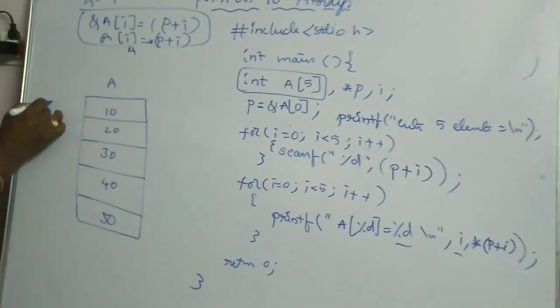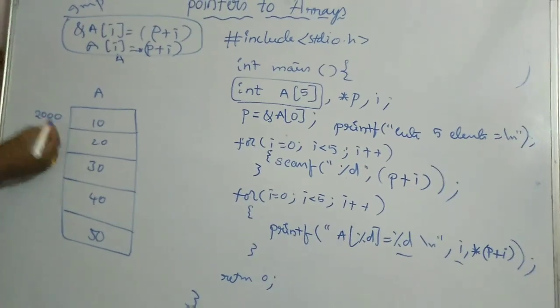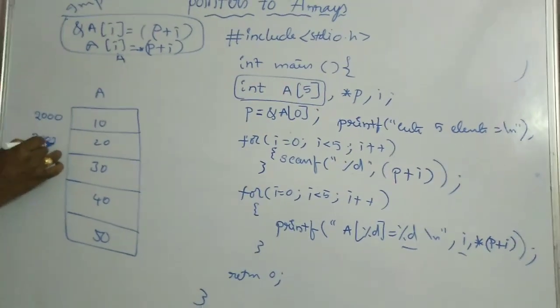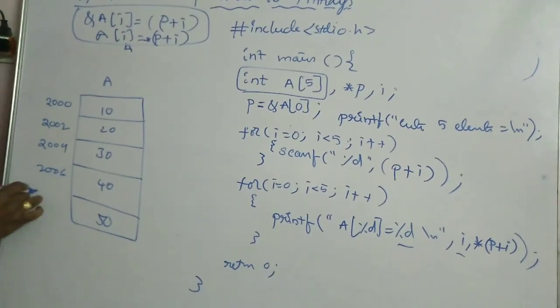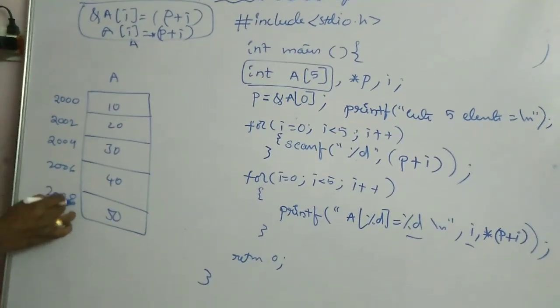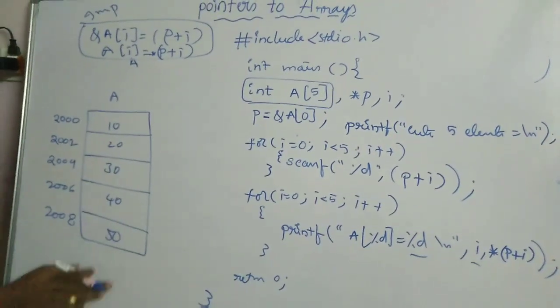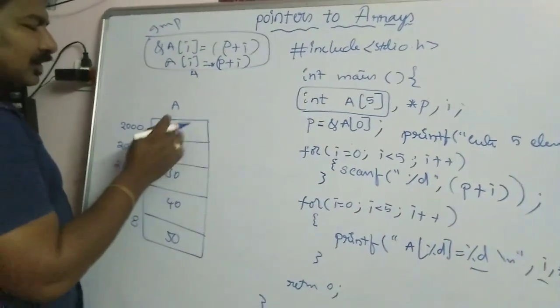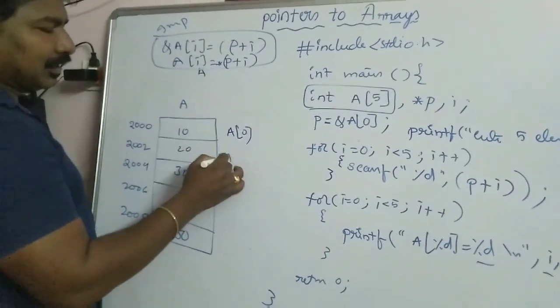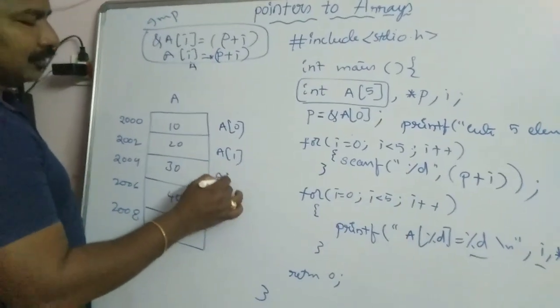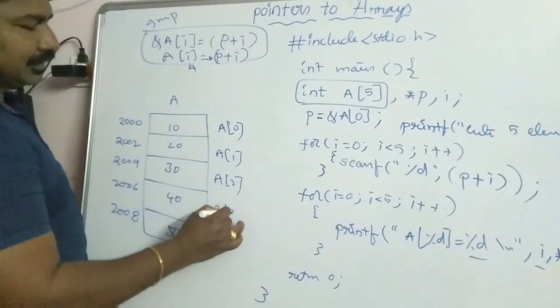So 2000 will be the first address, next 2002 will be the second address, 2004, 2006, 2008. These are the addresses and these are the values. So this first element is called A of 0, A of 1, A of 2, A of 3, A of 4.